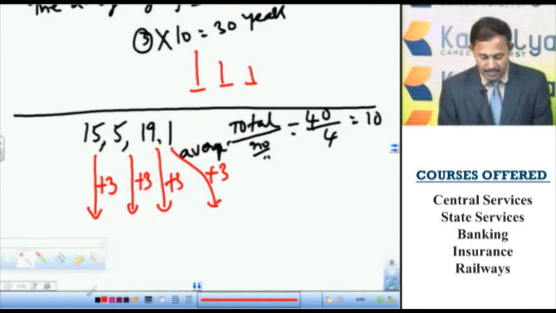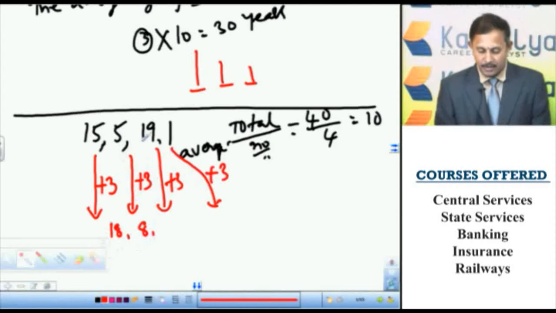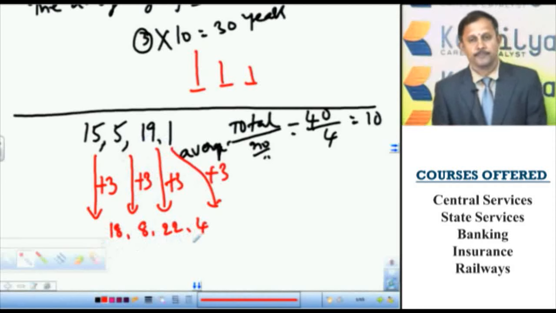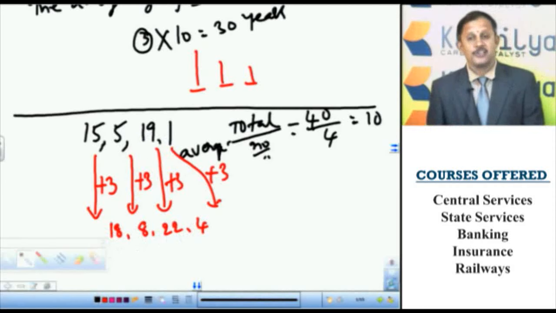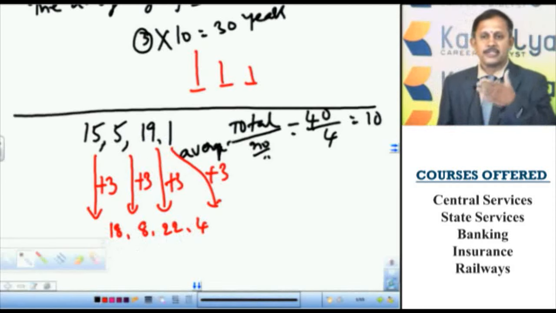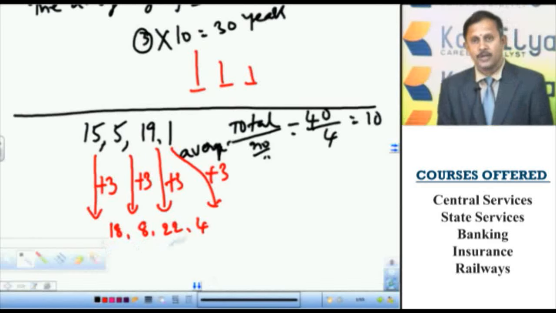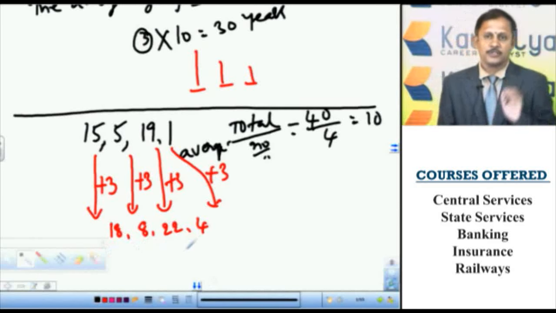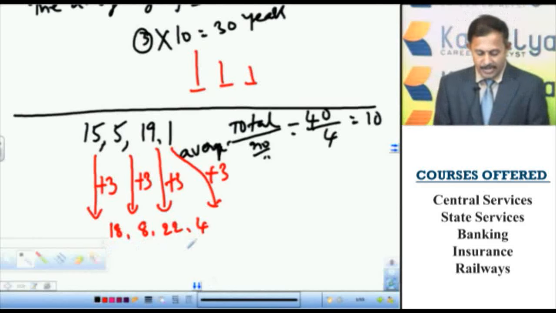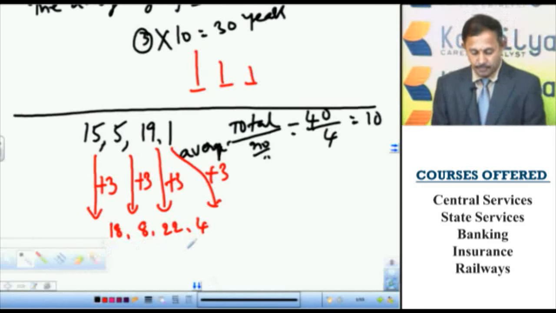So 15 plus 3, 18, 5 plus 3, 8, 19 plus 3, 22 and 1 plus 3, 4. Friends, what is the change affected to each element here? Each element is increased by 3. So 18, 8, 22 and 4, that will be the new set of elements, right? 18 plus 8, 26, 26 plus 22, 48, 48 plus 4, 52.